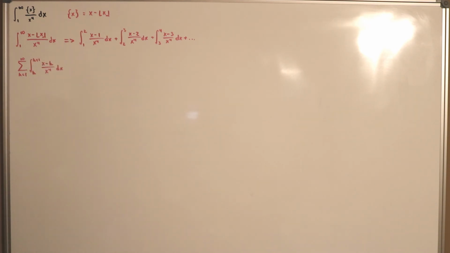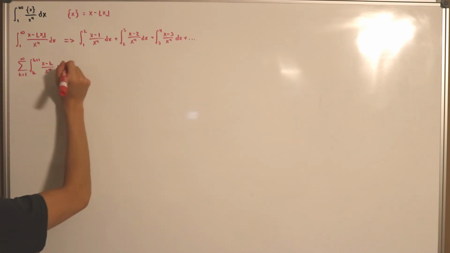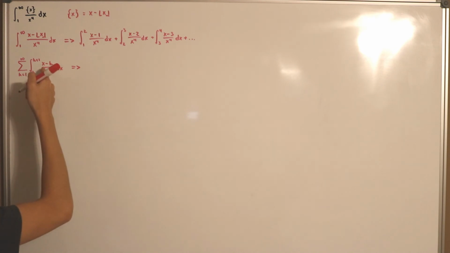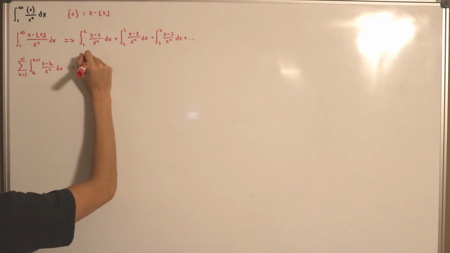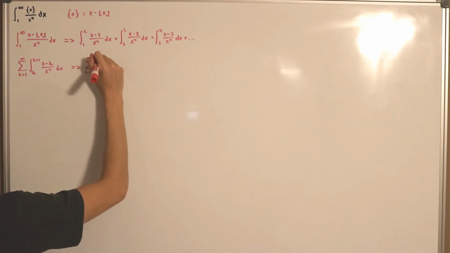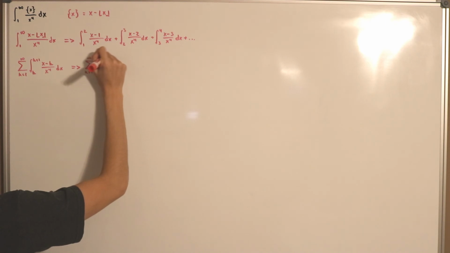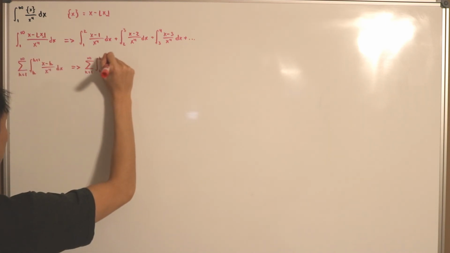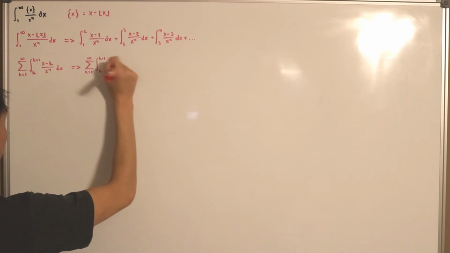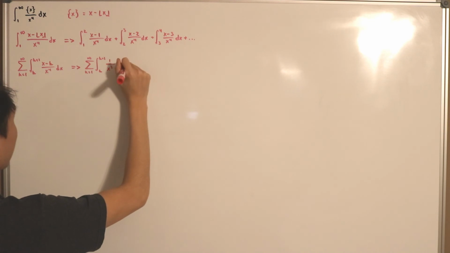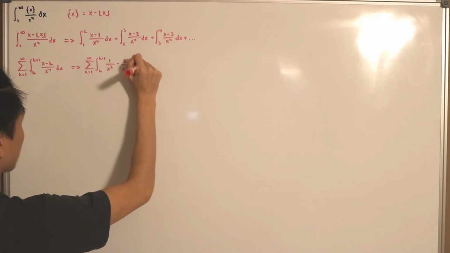To simplify this a little further, I can split it into two fractions. So we have the sum from k equal to 1 of the integral from k to k plus 1 of x divided by x to the 4th, which is just 1 over x cubed, minus k divided by x to the 4th, dx.